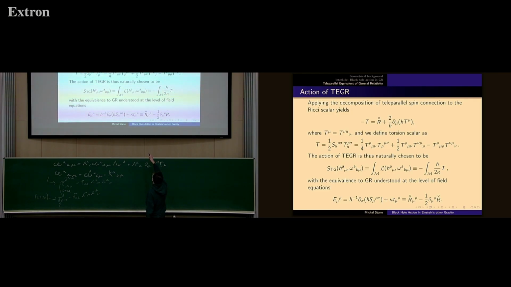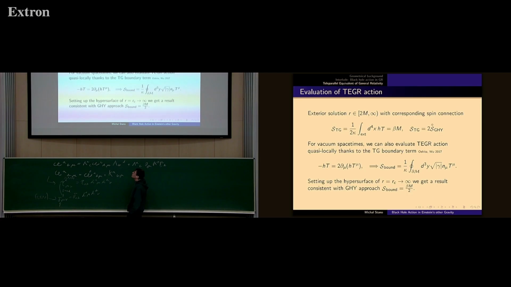Well, let's just say that in this view, what we can do is that instead of working with the bulk teleparallel action, we can work instead with this additional right-hand side, and more precisely with this additional total derivative term, because just like in GR, for flat space, for vacuum solutions, this Ricci scalar will vanish trivially. Therefore, it seems that in teleparallel gravity, we really do have two options to evaluate the action.